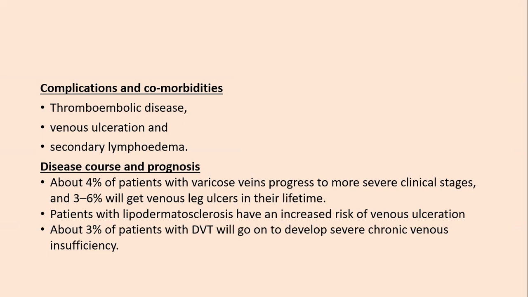Disease course and prognosis: about 4% of patients with varicose vein progress to more severe clinical stages, and 3 to 6% develop venous ulcer in their lifetime. If a patient develops lipodermatosclerosis, there is increased chance of developing venous ulcers. About 3% of patients with DVT will go on to develop chronic venous insufficiency.